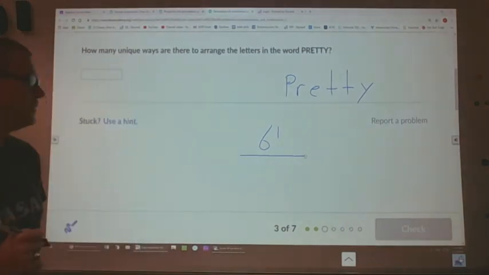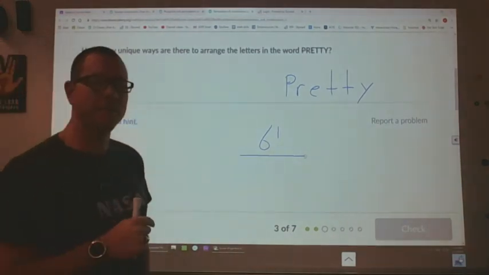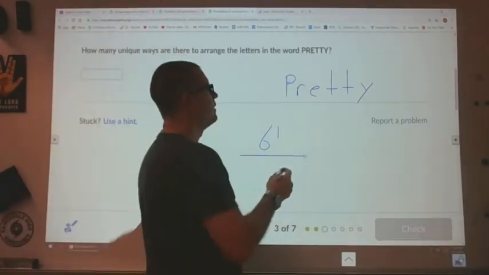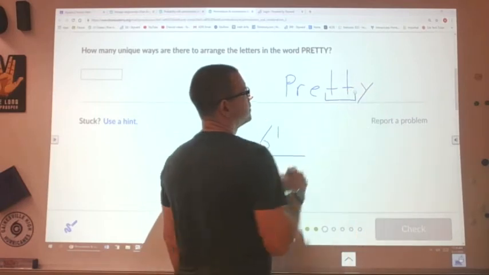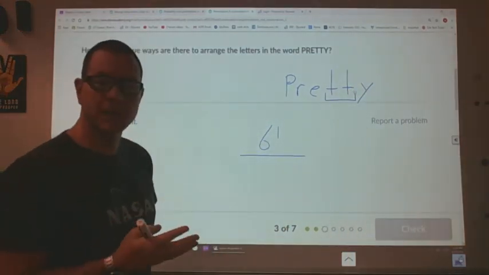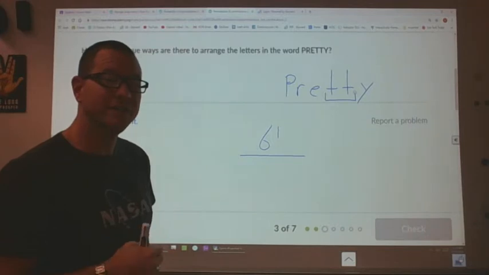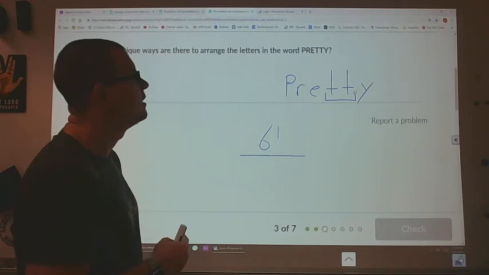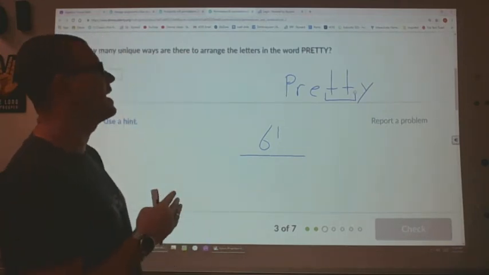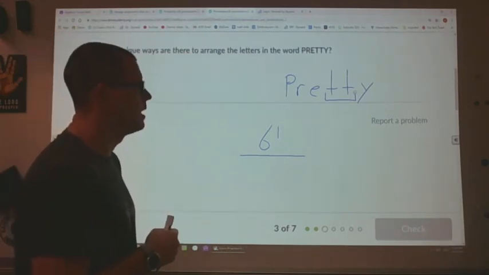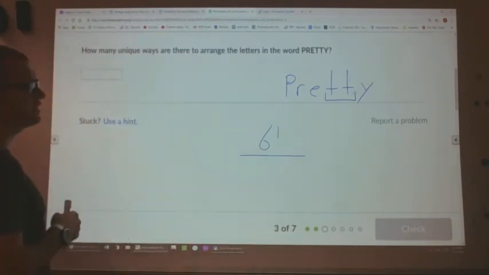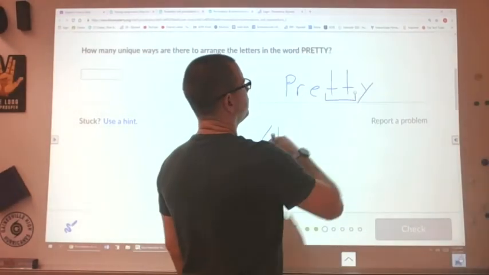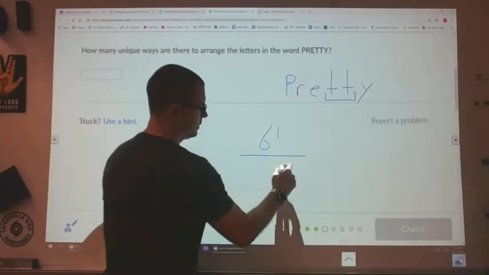However, we have kind of a problem here, in that these are able to switch places without actually affecting the rest of the letters. So we need to get rid of that. We need to divide that out. So really, out of that 6 factorial, 4 of them can move around, but those 2 factorial need to be divided out.